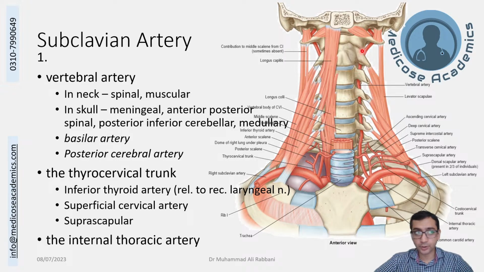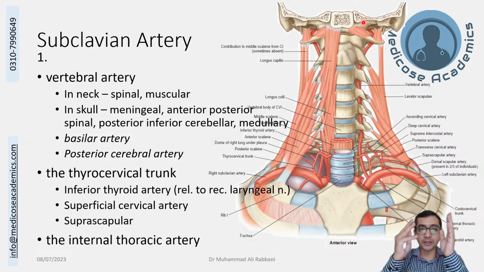When you are looking at angiograms, you see this curve, and after the curve it will dip inside along the arch of the atlas, and it will move between the occipital bone above and the arch of the atlas below, and go into the foramen magnum, and into the brain.